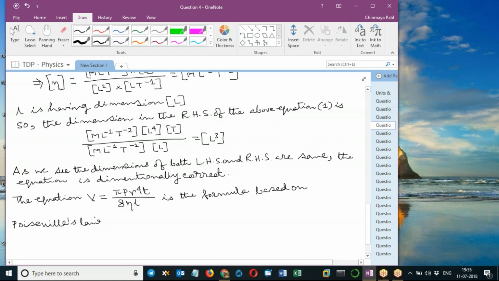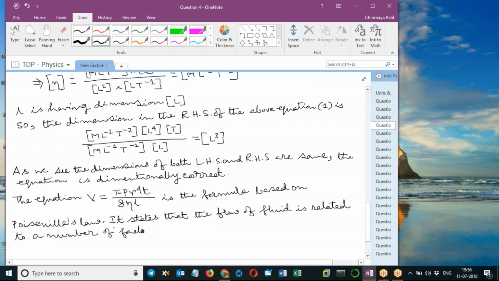It states that the flow of fluid is related to a number of factors. What are the factors?